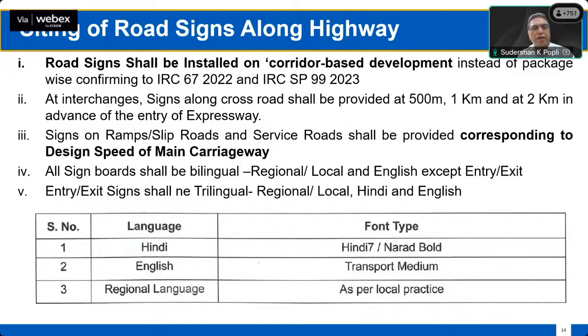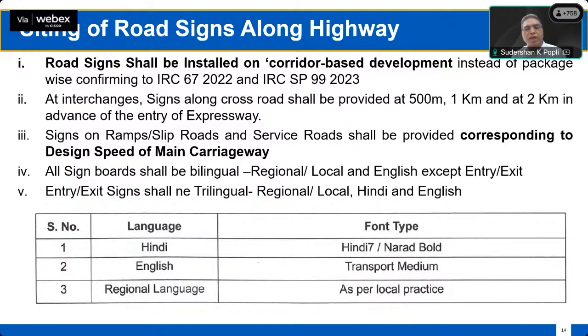Signs on ramps, slip roads and service roads should be provided corresponding to the design speed of the main carriageway. This is very, very important because service roads are for 40 or 50 kmph, slip roads are for 60 or 70 kmph, and then the signs are being reduced. Particularly on the service road, the horizontal geometry is the same.